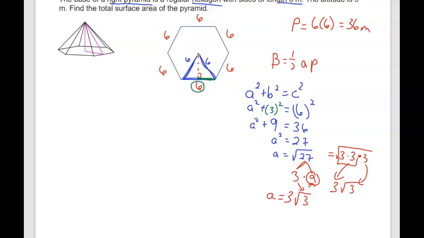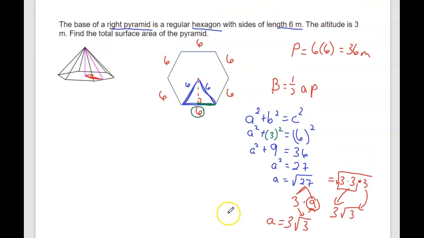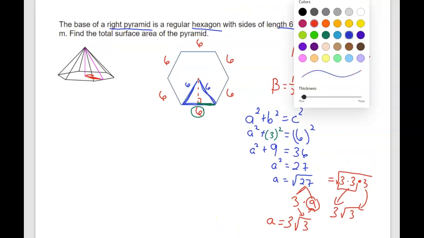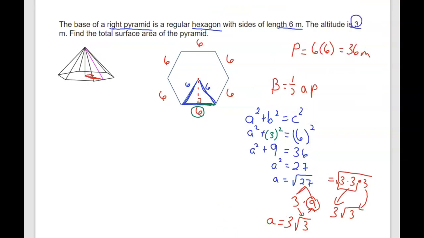We need the apothem in order to find this slant value here, because the apothem is this length here. Our problem gave us that the altitude was 3, so this side is 3. Now we know that this is 3 square root of 3.